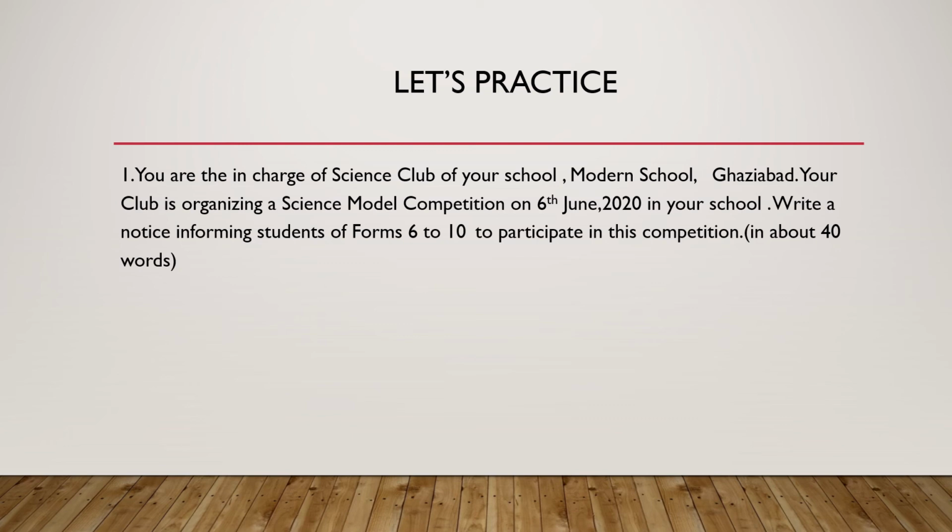If you think you want an imaginary name, you can write an imaginary name and sign as that person. If you want to use your own name, you can sign and then use your real name. But designation is there. So under the full name, you are going to write the designation which is in charge science club.